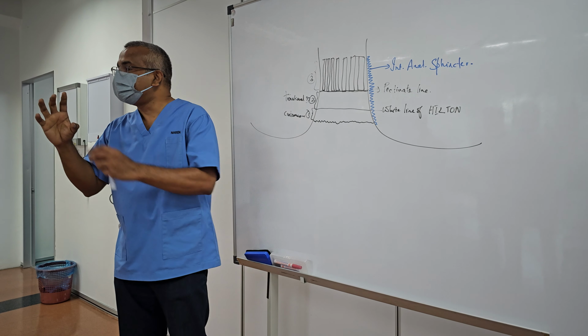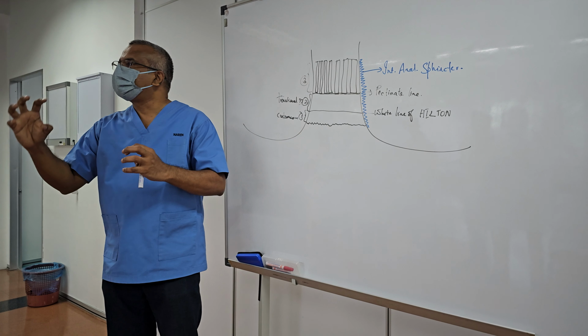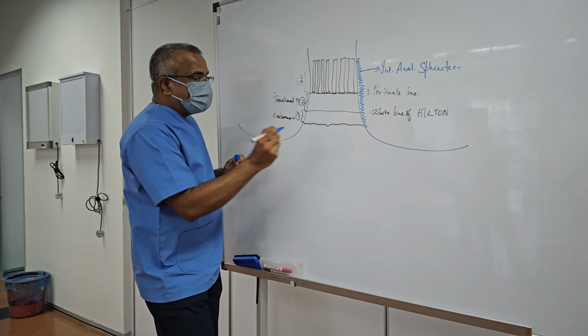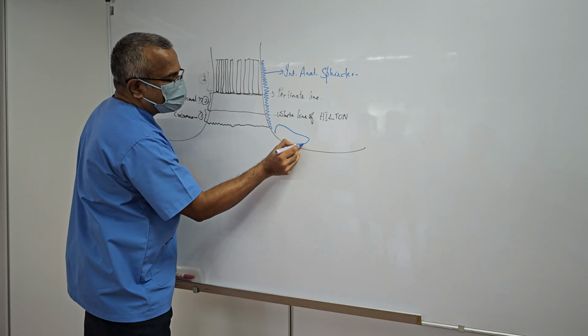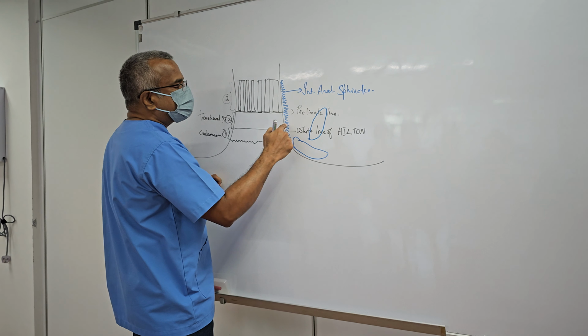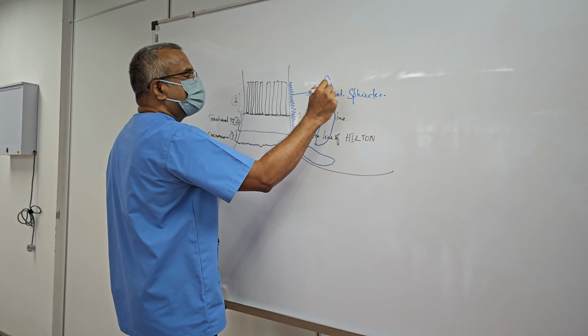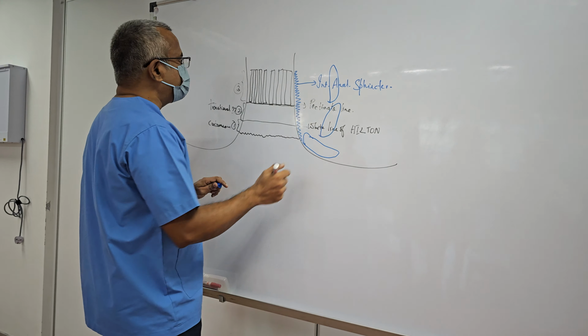It has three blocks of muscles. One is just underneath the skin, at the level involving the first segment. The second is somewhere in this area, involving the second one. The third one is like this, involving the third area.